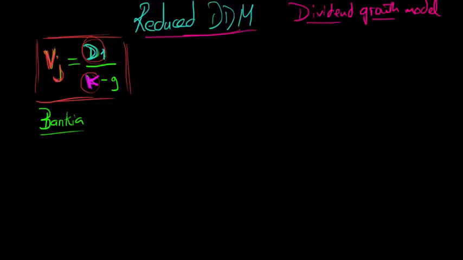So I'm going to put Bankia in green, so the value of, instead of J, I'm going to put B for Bankia. The value of Bankia is going to be equal to the dividend. The current dividend is a little bit low right now, so I'm going to change my dividend input.